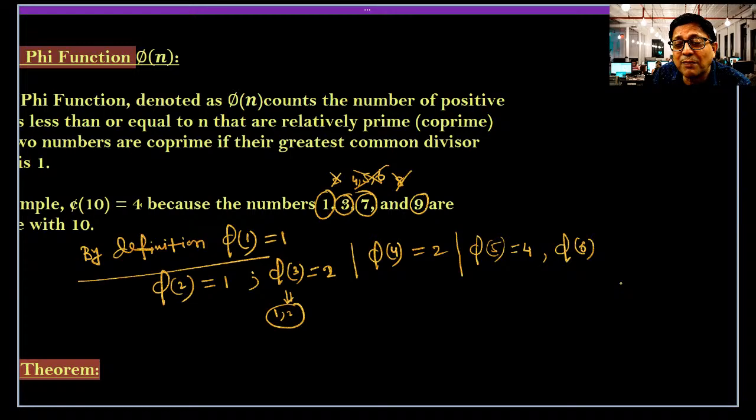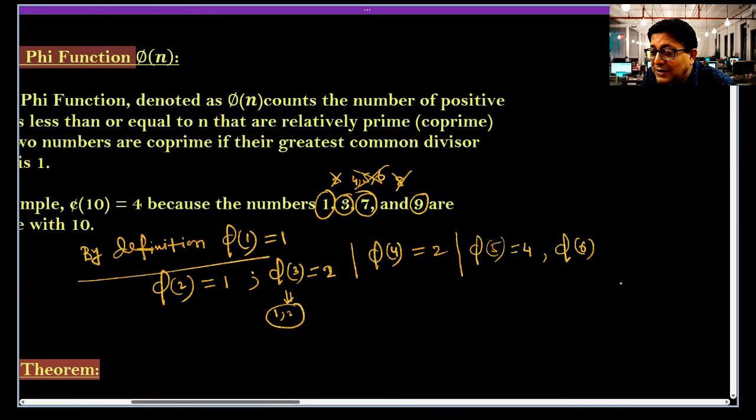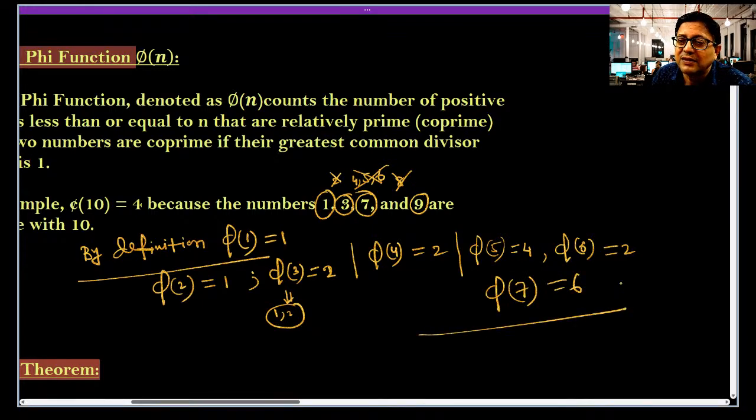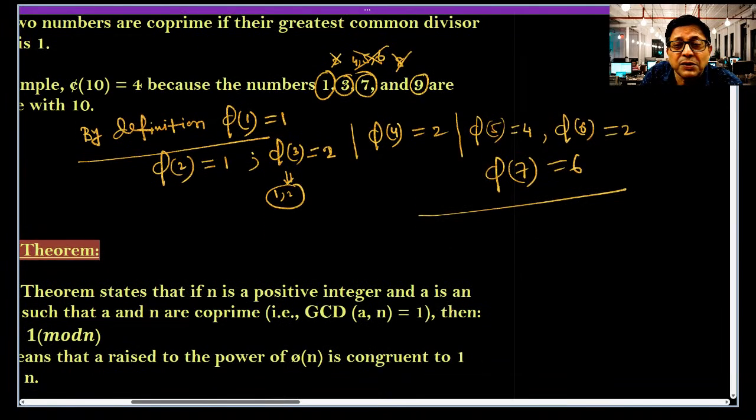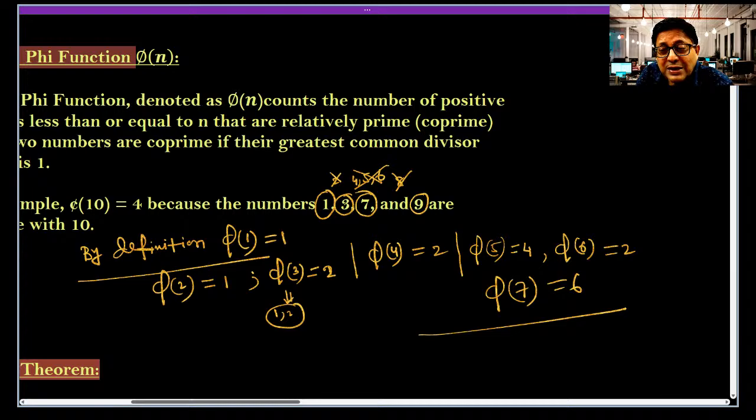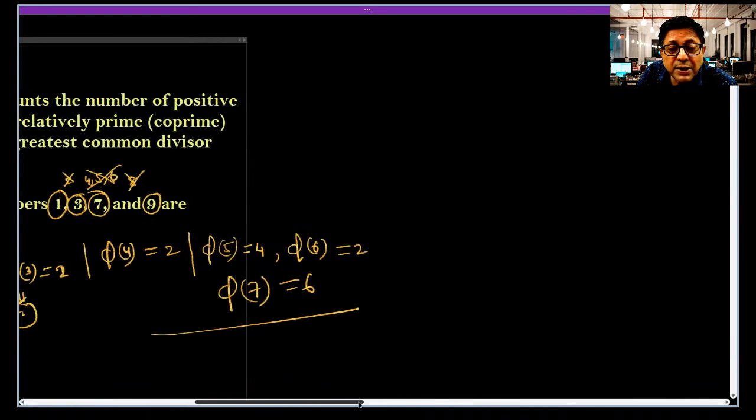Those numbers will be 1, 5. Only 2. There is no pattern over there. But once you start finding phi 7, this is 6 in number. So automatically, for a prime number, we can fix it. For a prime number, we can do it easily. What is that? For a prime number, it will be this. We can write it in the form of a theorem.